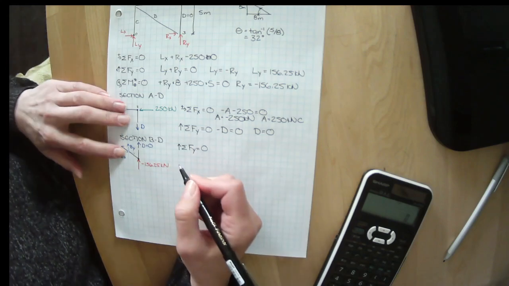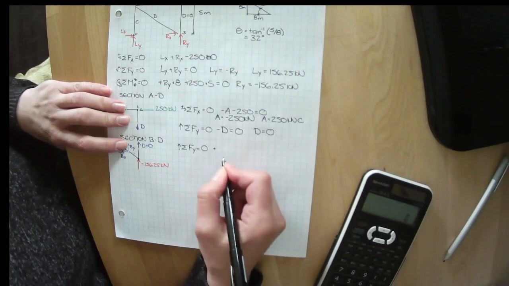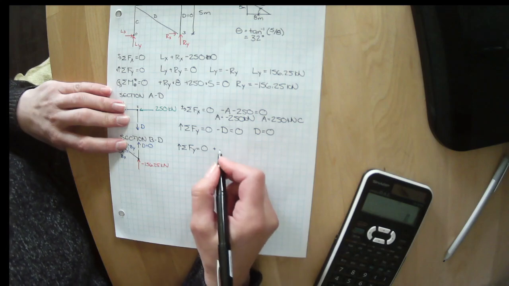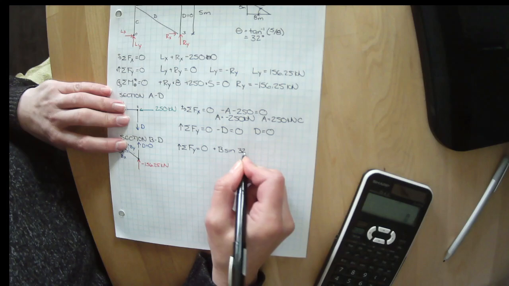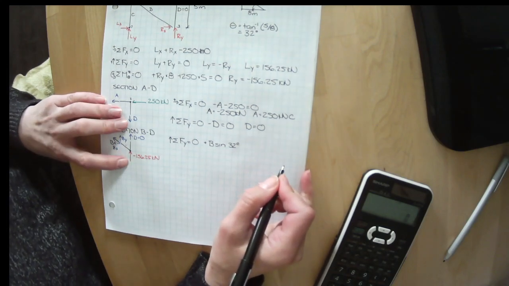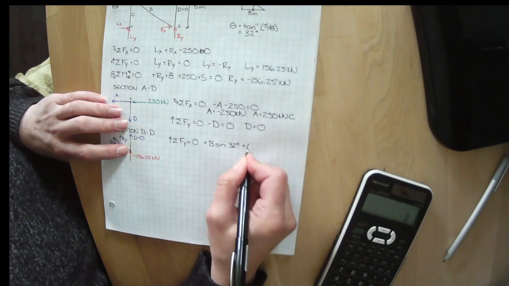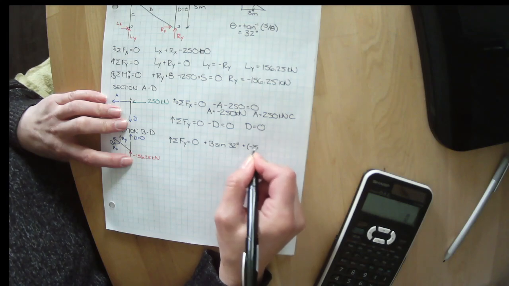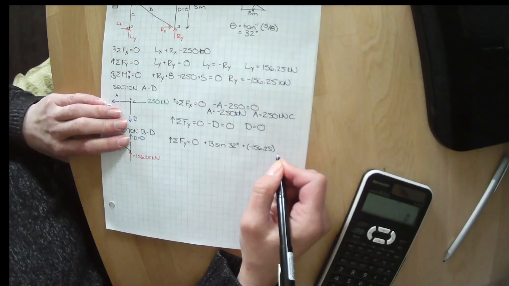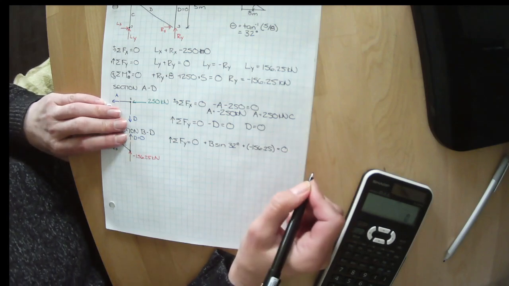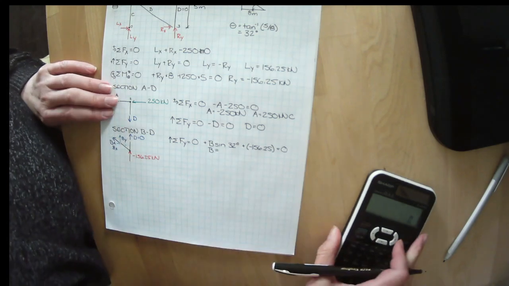We have D equals 0. We have By going upwards, so positive By, and By is B times the sine of our angle, which is 32 degrees. We have our reaction going upwards, so it's positive, but we know its value is minus 156.25 kilonewtons. And then D was 0. So all of that equals 0. We can solve for B now.